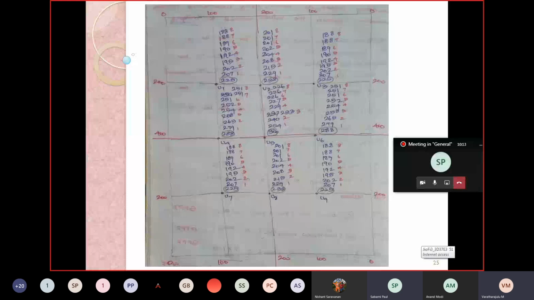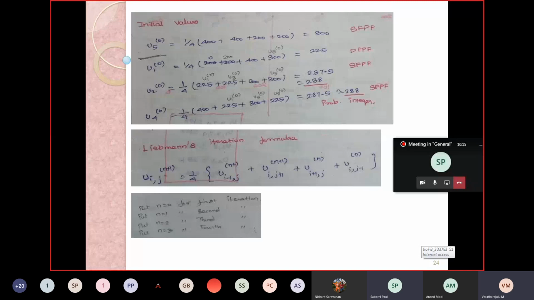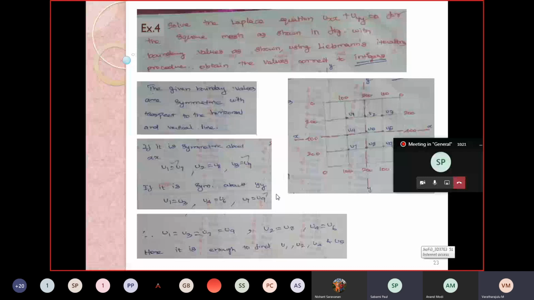But for our initial iteration, what we have to consider, assume the initial iteration. As I already compared the standard 5-point formula and diagonal 5-point formula, when there is no way to apply the standard 5-point formula, at that time only you need to refer to the diagonal 5-point formula.